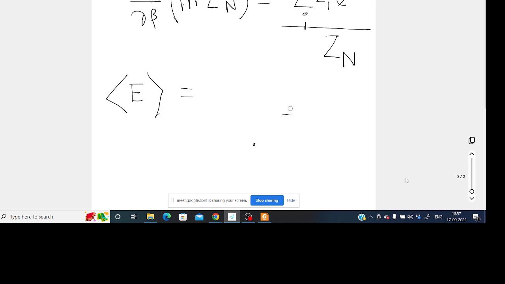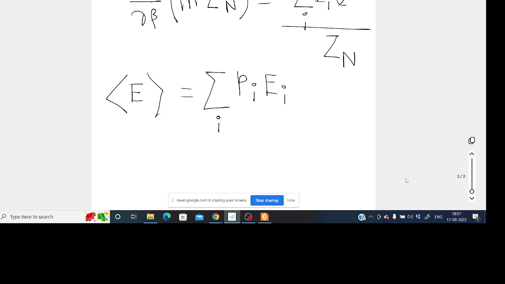Now let me write it in this way, then it will be very much clear to you. Let's say there are different energy levels with energies ei, and the probabilities are pi. Then the average energy is given by the sum over pi into ei. This is clear?